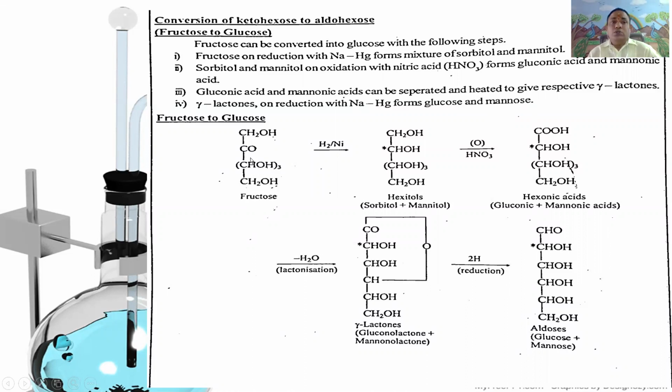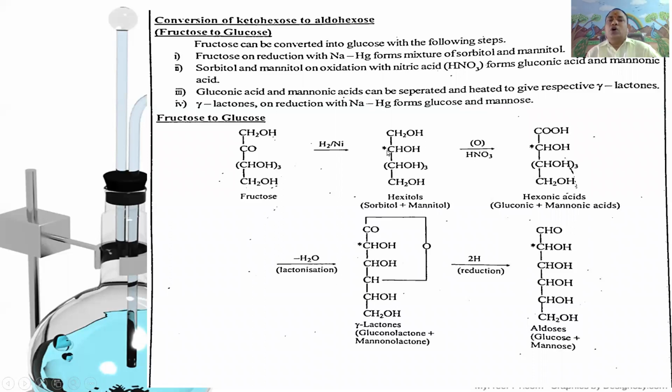This fructose undergoes reduction with nickel or platinum or palladium. It gives the epimeric mixture of sorbitol and mannitol. They are called hexitols: CH2OH, CHOH, CHOH taken 3, CH2OH.